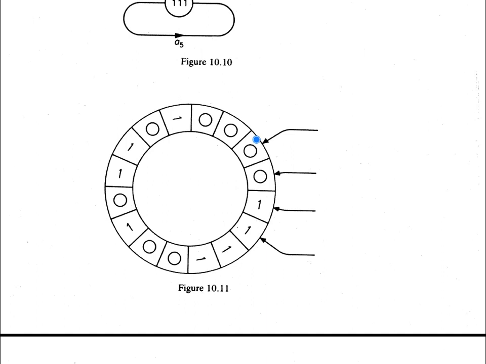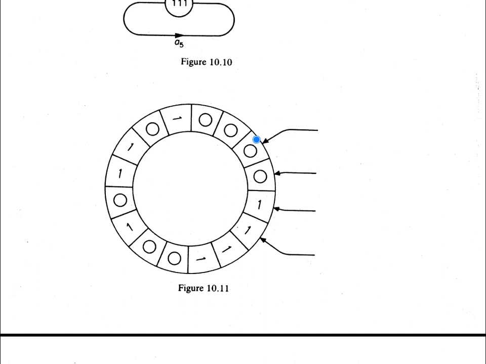Now, 0, 1: the final block of this is the initial block of this. So I have an arc going like this, and it will be 0, 1, 0.